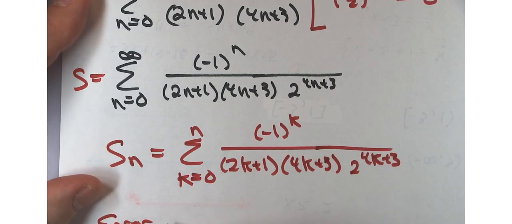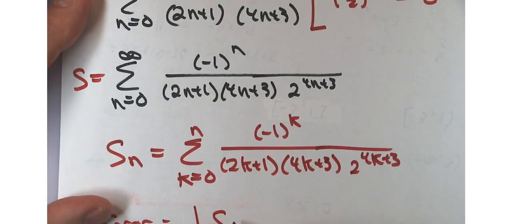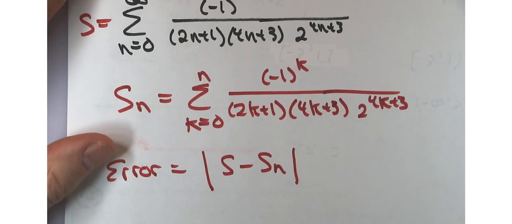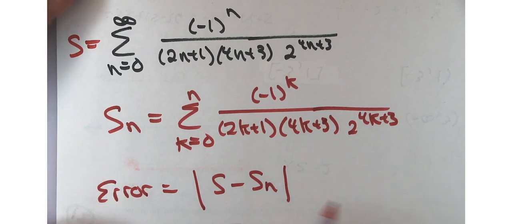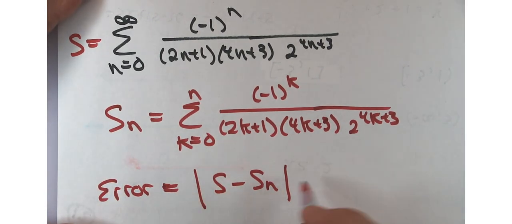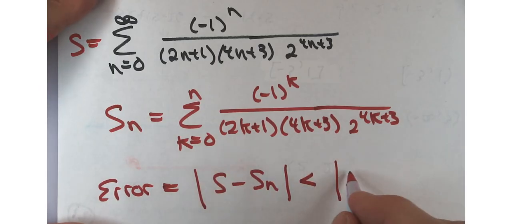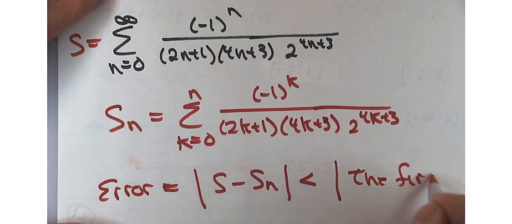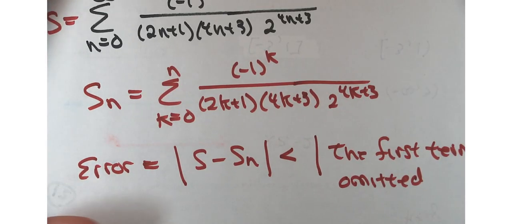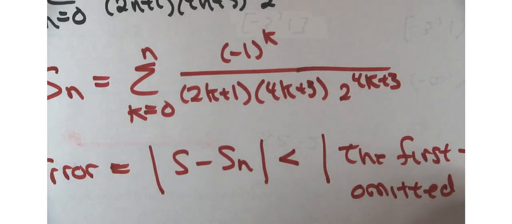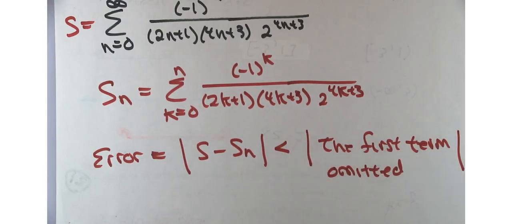Error is going to be the difference between the true value and the first n terms. And this error is going to be less than the first term we leave off, the first term omitted. So what we have to do is figure out at what point that first term that we omit is less than a certain number.